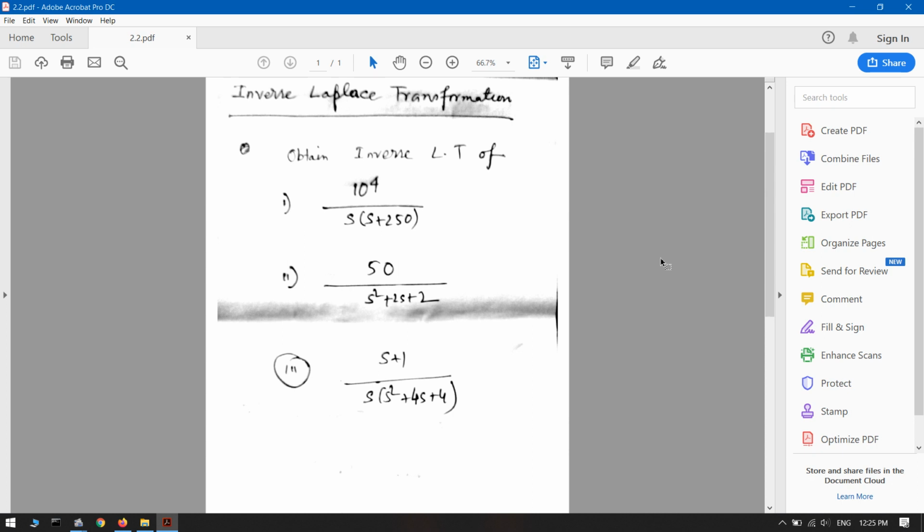Okay. So we can write now F(s) equals 50 by s square plus 2s plus 2, which we can write as 50 by (s plus 1 plus j) into (s plus 1 minus j). We are expanding this s square plus 2s plus 2 in this form.